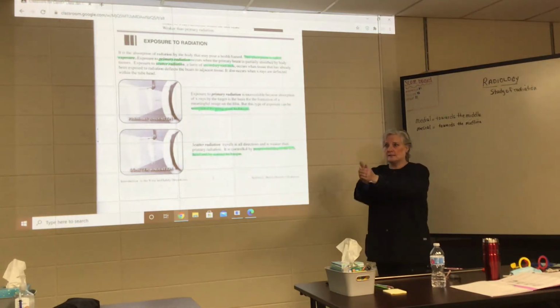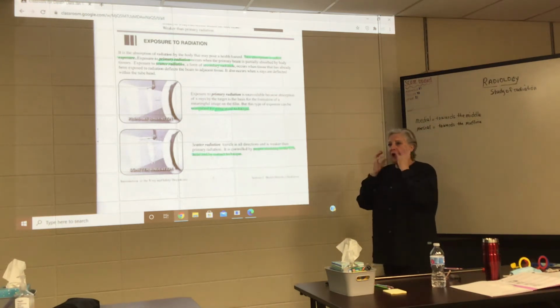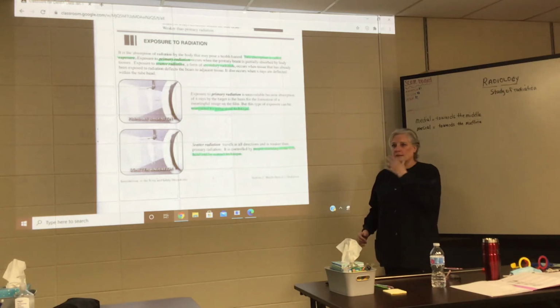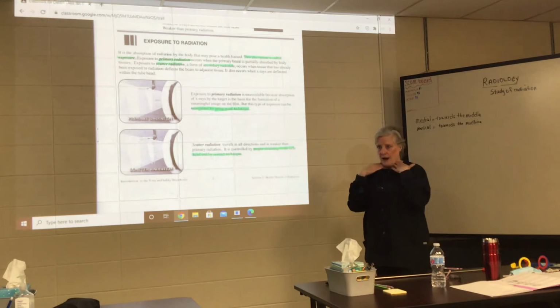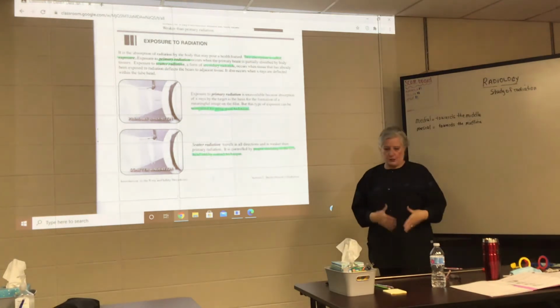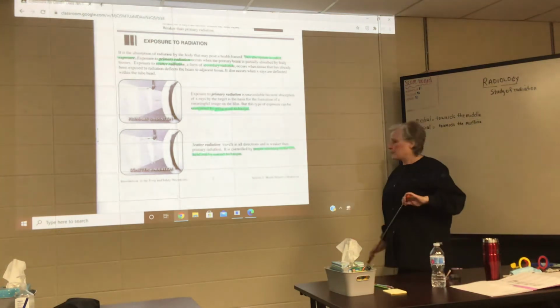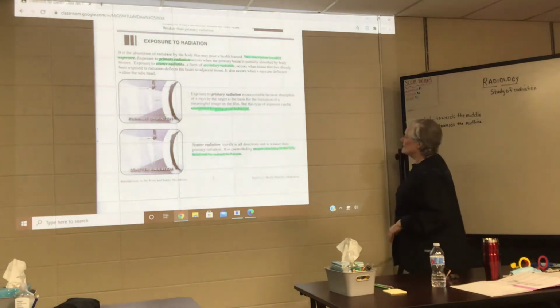Once it gets to the end of the PID, it's gonna diverge a little bit, so you're gonna have some absorption by the tissues. That's why we have the lead apron and the thyroid collar, to protect those tissues from scatter radiation. So scatter radiation is not desired, primary radiation is desired.